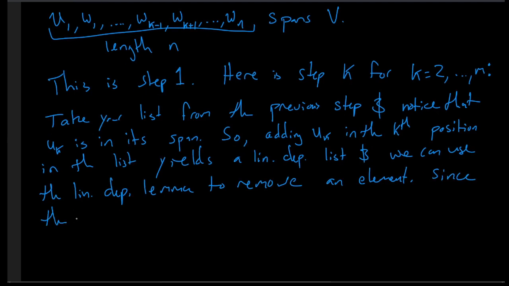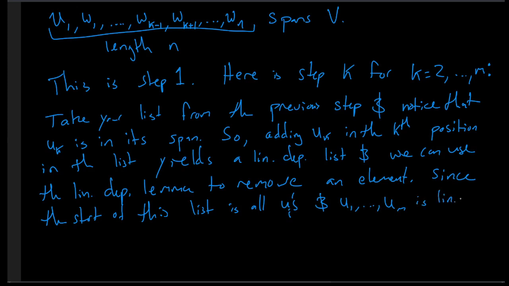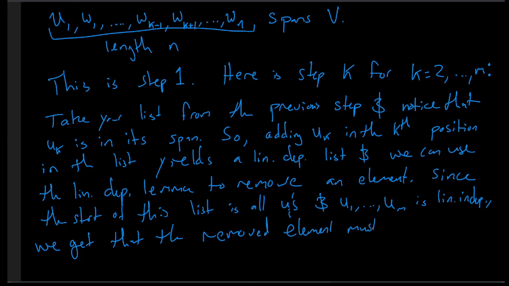Since the start of this list is all u's, and u1 through uk is linearly independent, we get that the removed element must be a w. I'll say a wi.